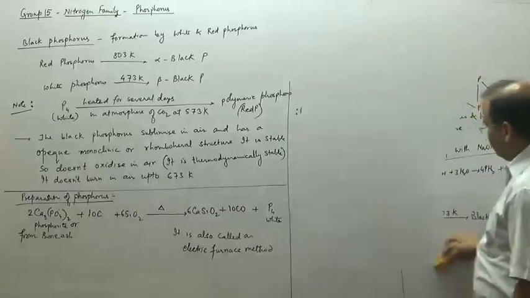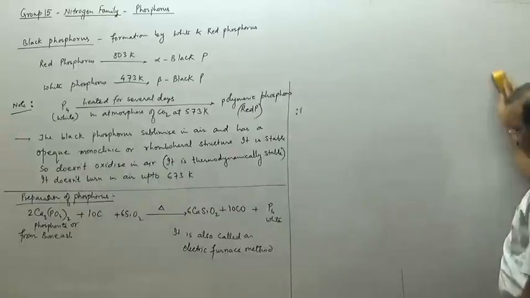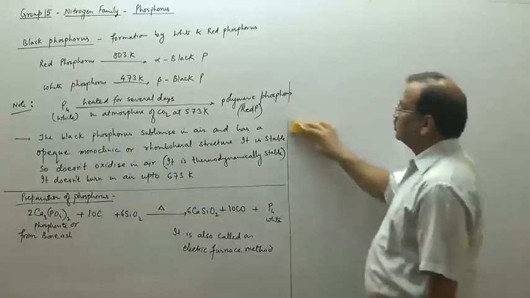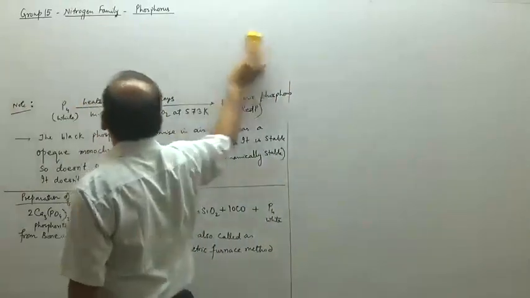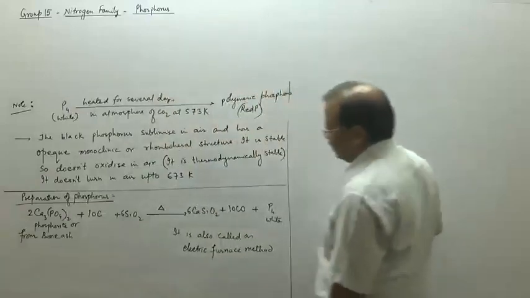Now we can say that we'll discuss the compounds of phosphorus, starting with phosphine. So we'll check what compounds of phosphorus we have to discuss. I'll write compounds of phosphorus.